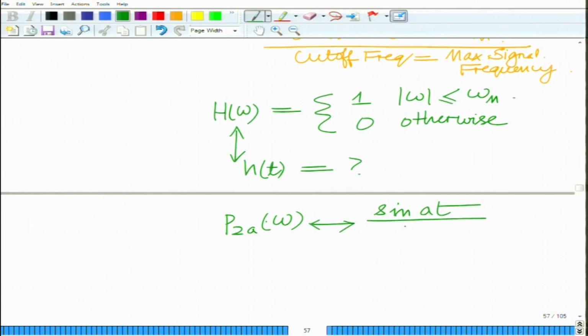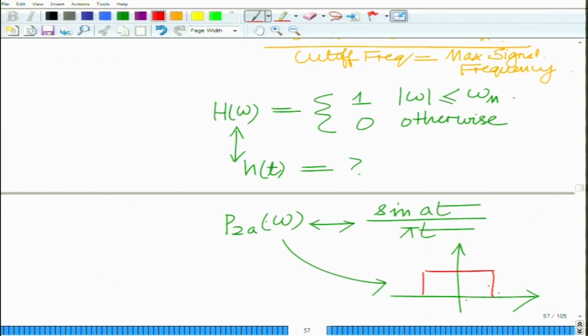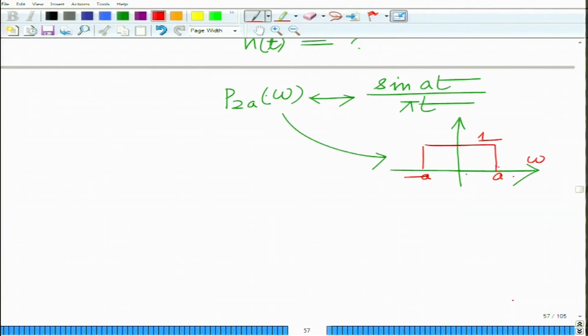This is basically the pulse of width 2a centered at 0 and height 1, from minus a to a. So, this is your P of 2a, and that has the impulse response sin at by pi t.